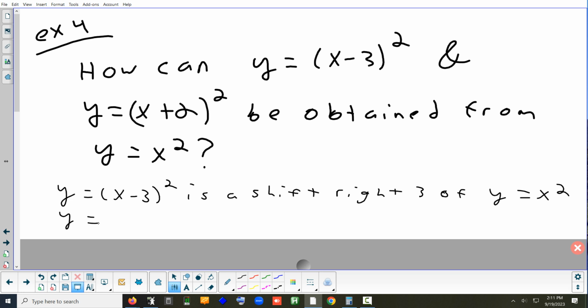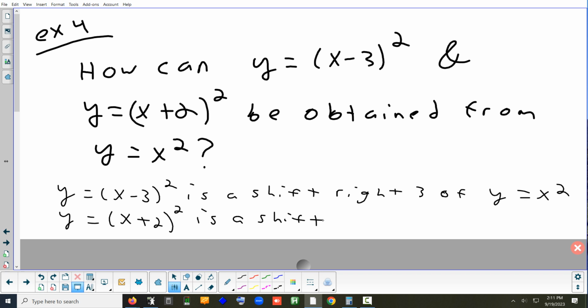All right, well, if x minus 3 is going to shift it to the right, what do you think x plus 2 is going to do? Yeah, positive goes left.